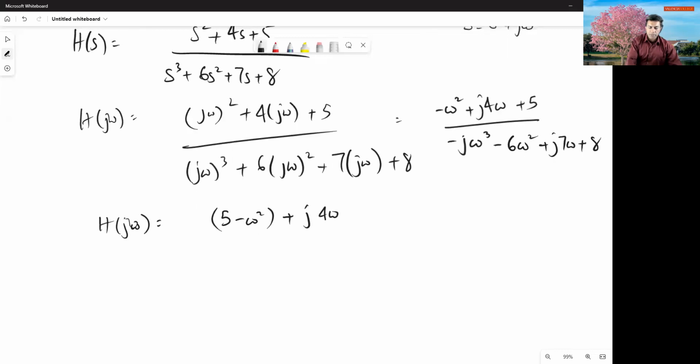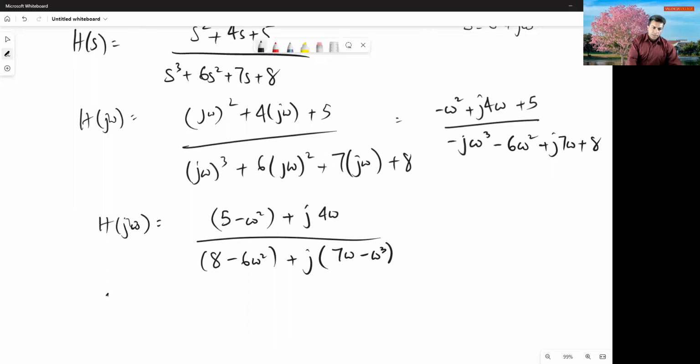So that's going to be a real term a plus jb, divided by the denominator, which is 8 minus 6 omega squared plus j, keeping j as a common factor, of (7 omega minus omega cubed). So that's the denominator.